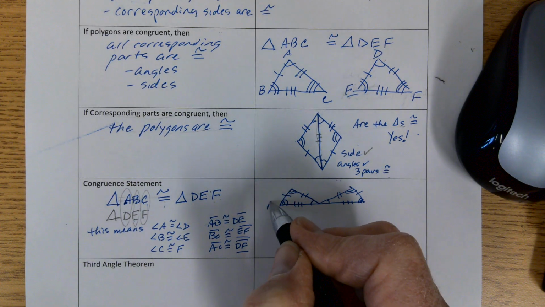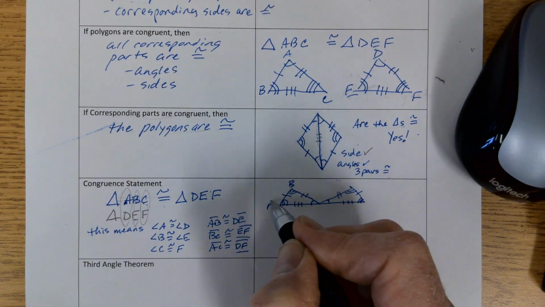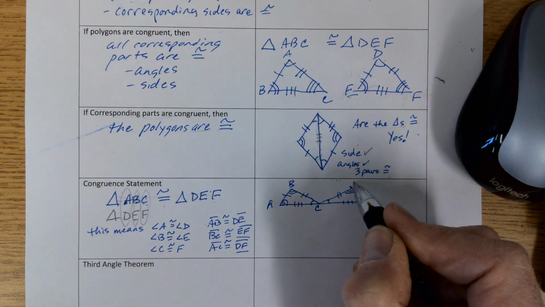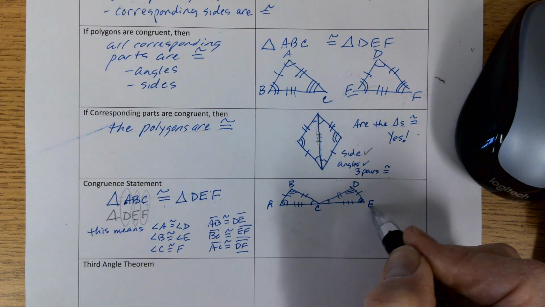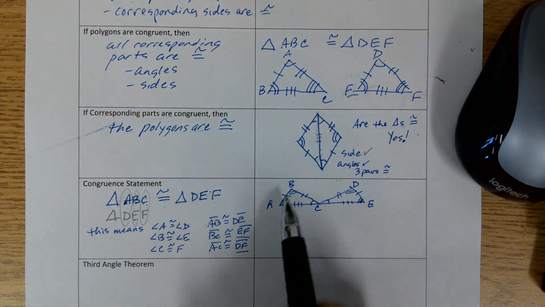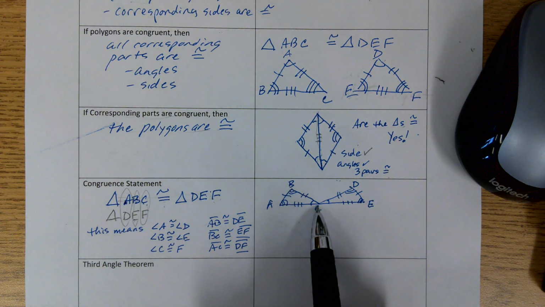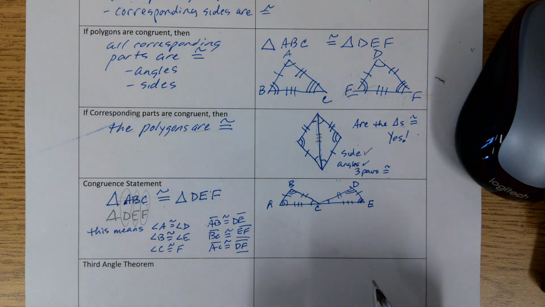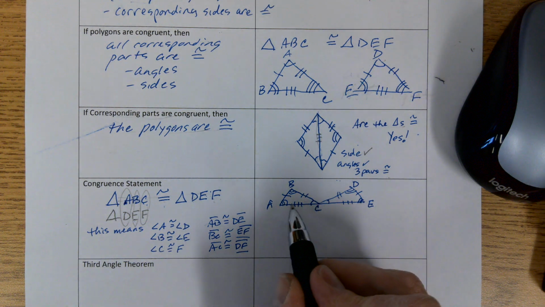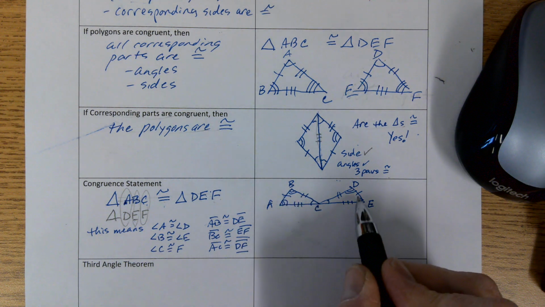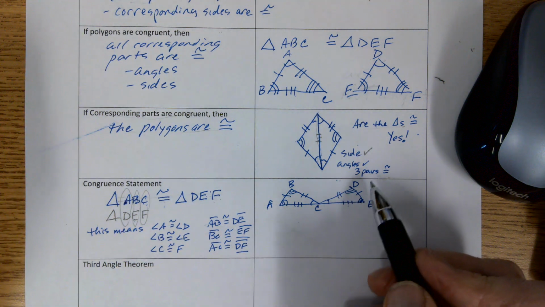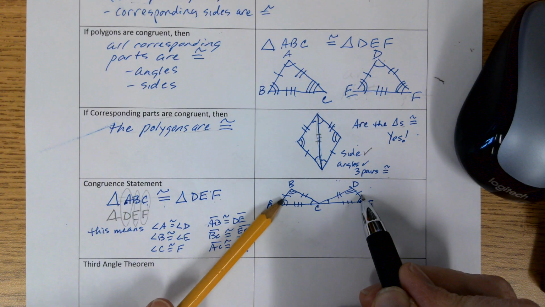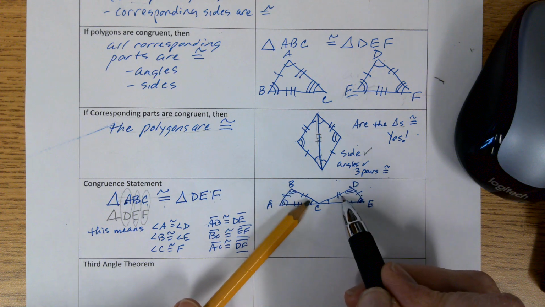So when I write this, I have to be sure I write it so that it's correct. I've got A, B, C, D, E, C. I've got 2 triangles. I could see that 3 sides, I've got 1 marks, right? This side is congruent to each other. These sides are congruent to each other.